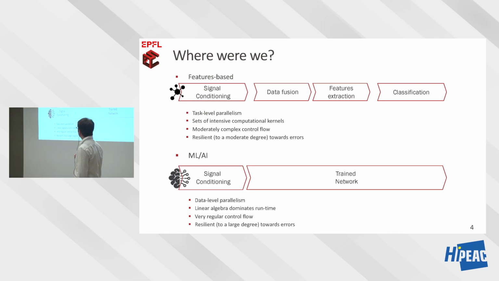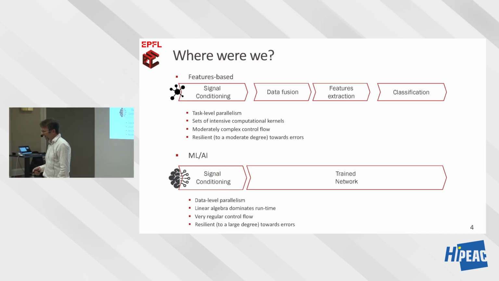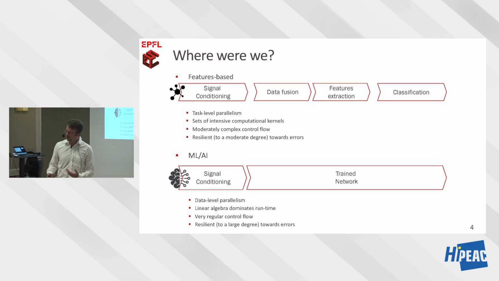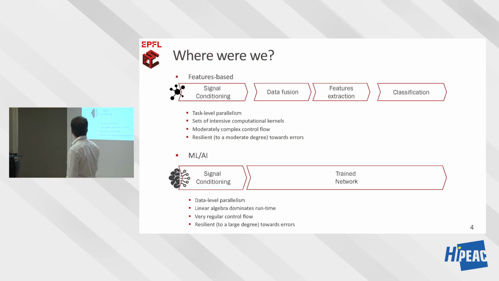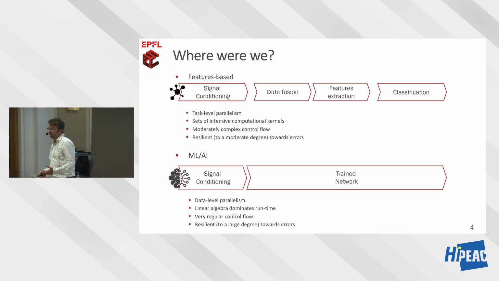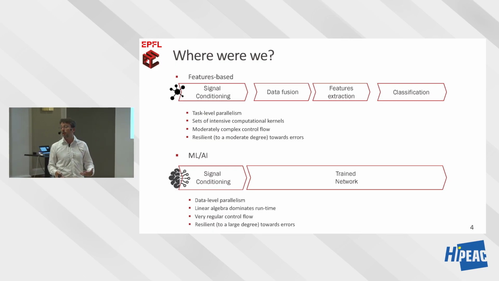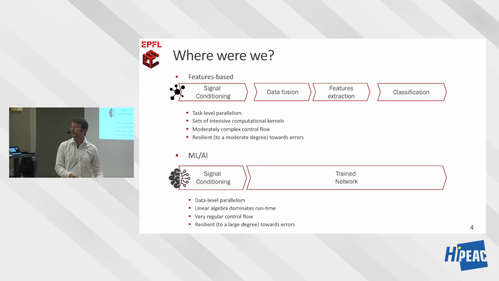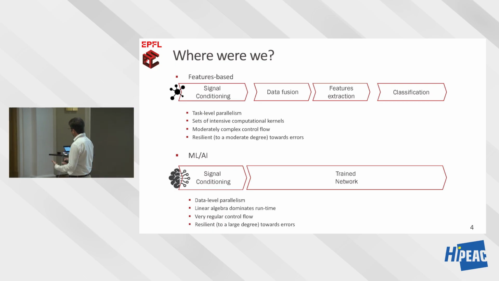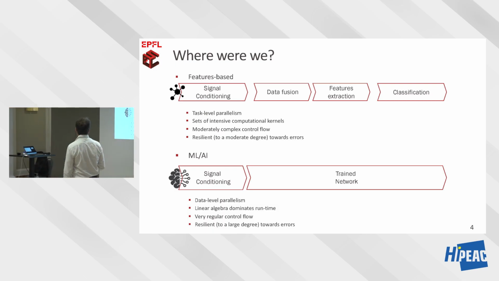If we look at the feature-based flow, we have a decent level of task-level parallelism, not the type you can expect in GPU-style applications, but still, maybe we can do something with multiple cores. These are characterized by a set of intensive computational kernels. The rule of thumb is that a feature extraction application spends 90% of its time in 10% of its code. So there are computational hotspots which we can hope to accelerate and execute in an efficient way.